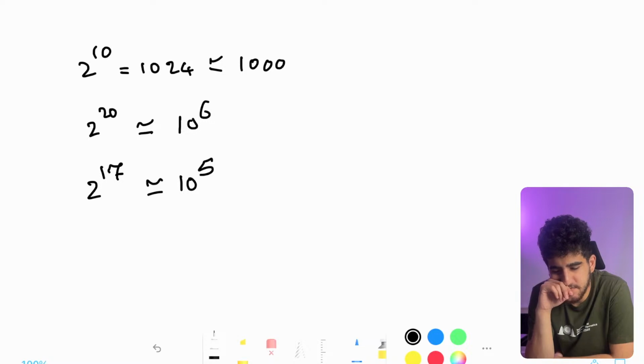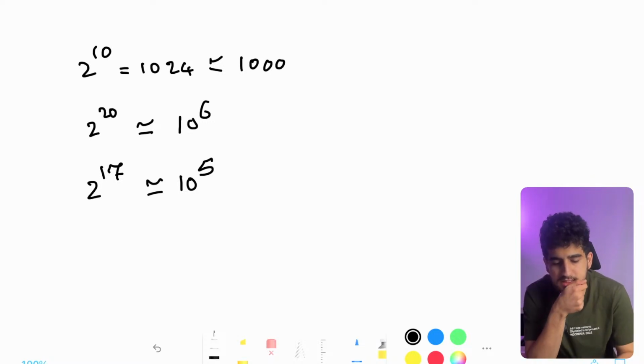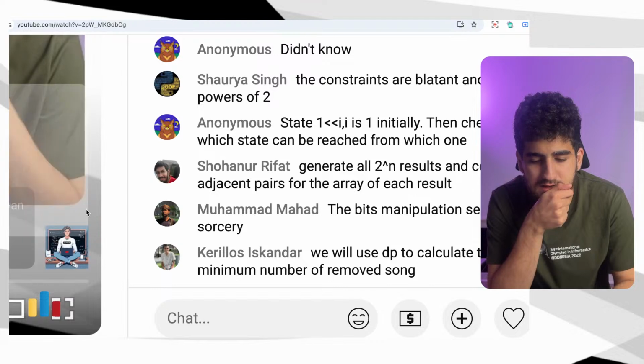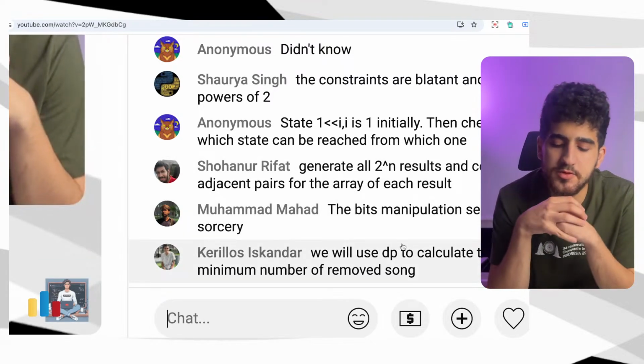What is the definition of your states? Generate all 2 to the power of n results and compare adjacent pairs for the area of each result. Interesting. We will use DP to calculate the minimum number of removed songs.